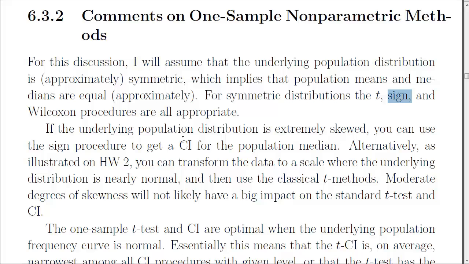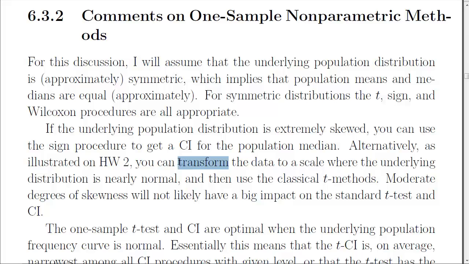And we'll be able to get confidence intervals or conduct tests for the median even under very skewed distributions or ones with lots of extreme outliers. Now, alternatively, we've seen in the past that we can transform the data.